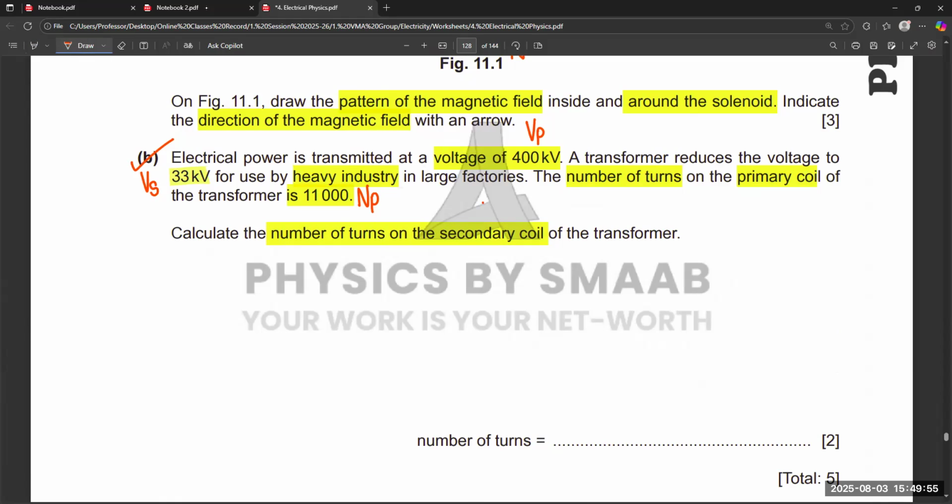It means NS. So it will be NP over NS equals to VP over VS. Or if we consider NS as a subject, NS equals NP times VS over VP.